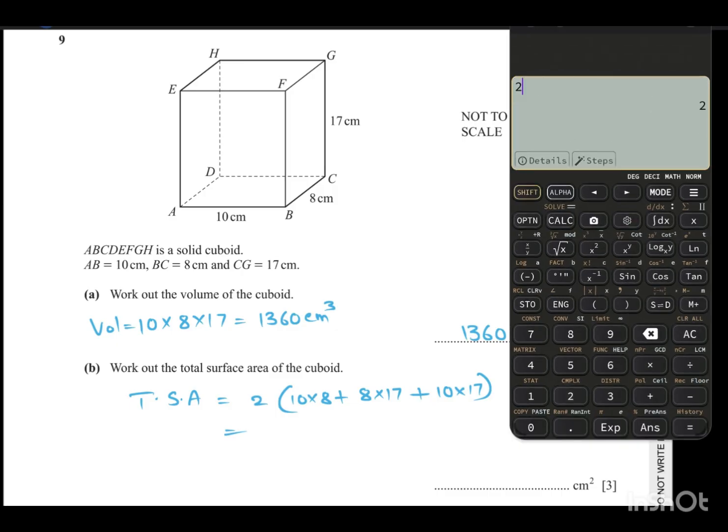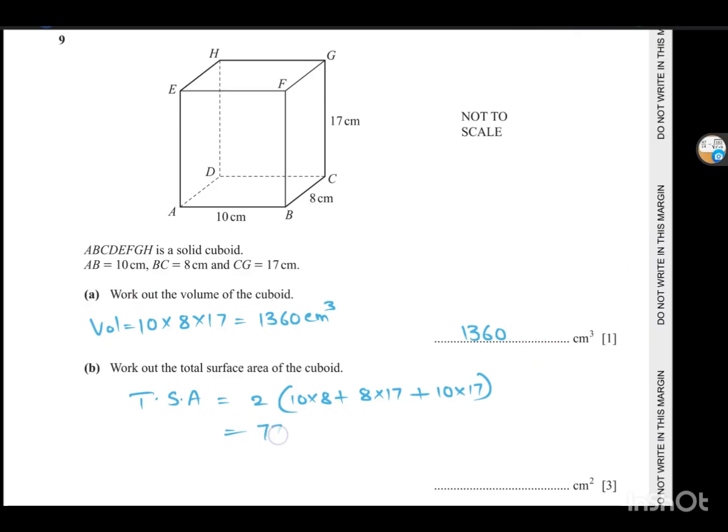Two into 10 into 8 plus 8 into 17 plus 10 into 17 gives 772 centimeter square. So 772 centimeter square is the total surface area of the cuboid.